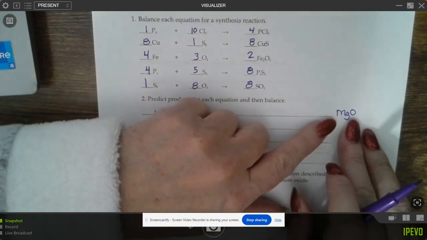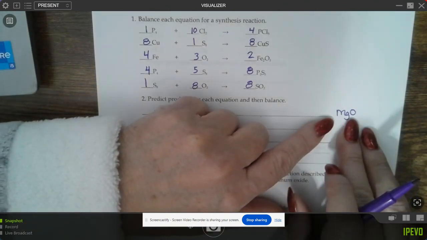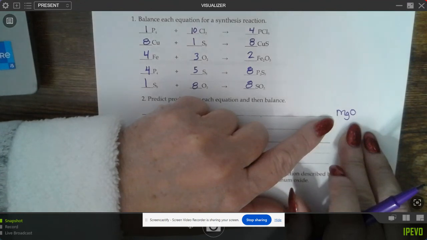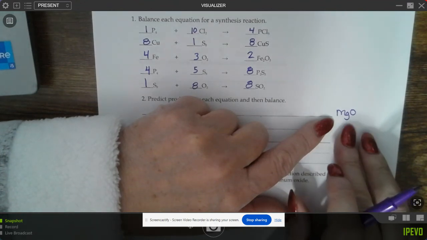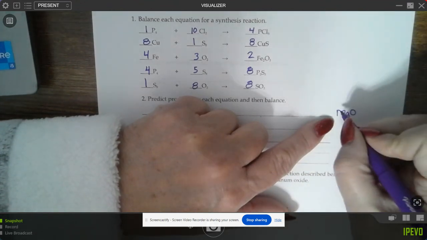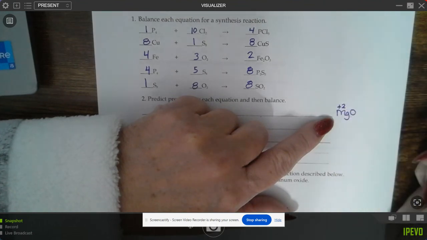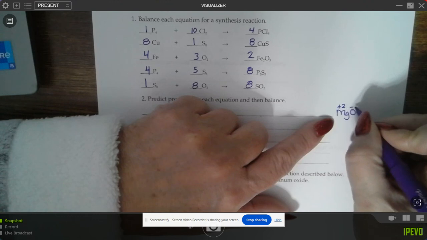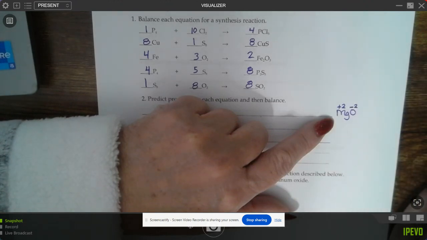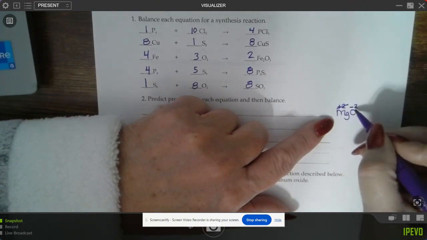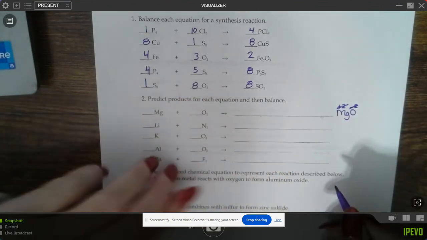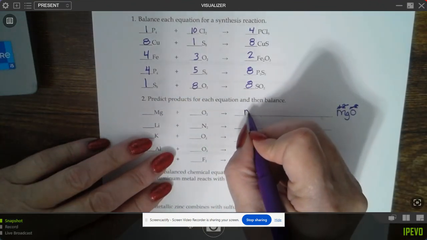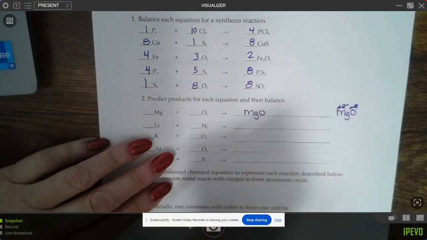The way that you figure out the subscripts over here is to look at the charges on the periodic table. Okay, so magnesium is in group 2, it will form a +2 ion. Oxygen is in group 16, it will form a -2 ion. Now, since those are both 2s, they cancel out, and we get MgO.